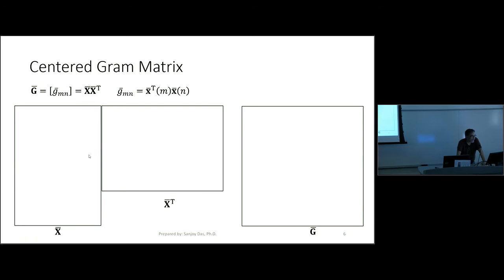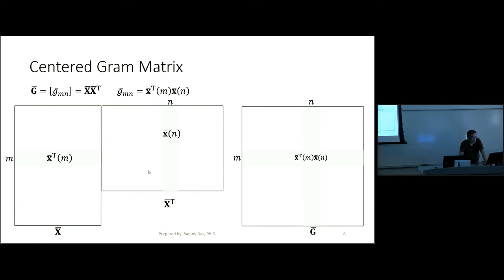Okay, so the centered Gram matrix we can obtain by taking the centered data matrix and doing the same operation. X bar transpose X bar will give you the centered Gram matrix. So I take the mth row of X bar transpose, and then the nth column of X bar, which is X bar n.